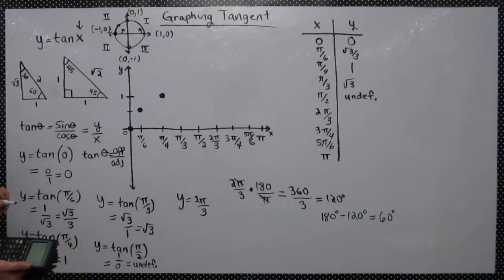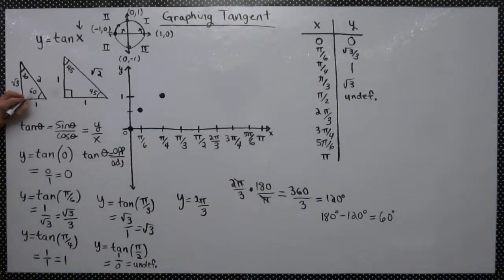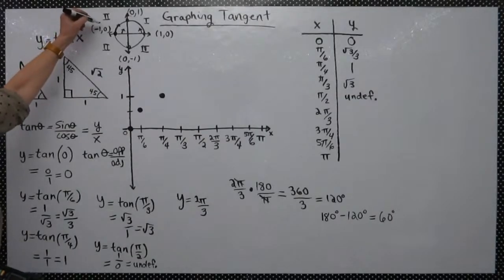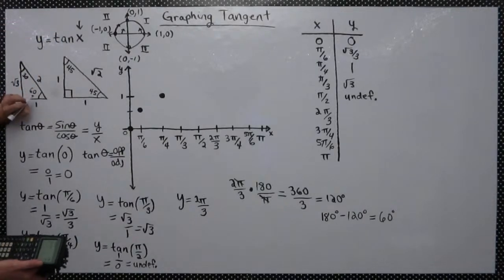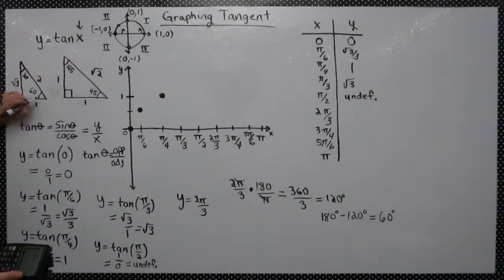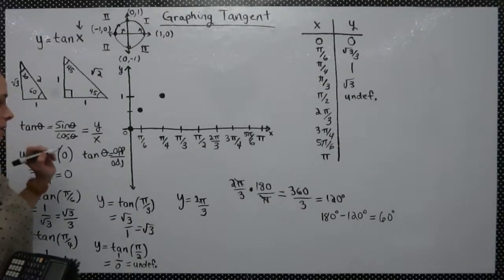All right, so going back to my triangle, 60 degrees, and remembering that I'm in the second quadrant. In quadrant 2, your x values are negative and your y values are positive. That's another big deal whenever you're not looking at the unit circle; you might mess that up as well. But at 2 pi over 3, hang on.